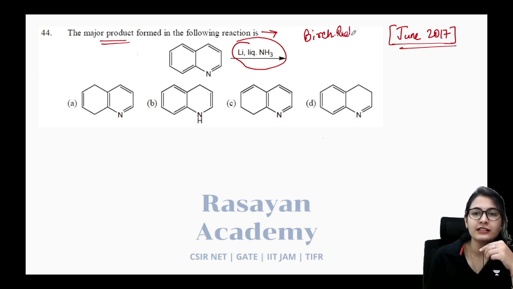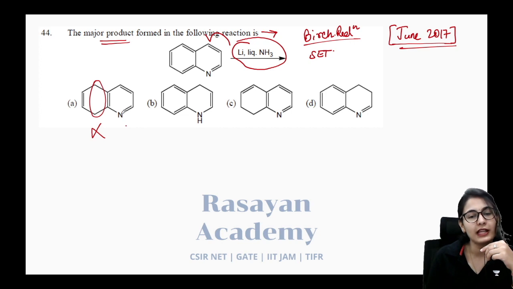Birch reduction is basically a single electron transfer mechanism, and first of all, the lithium is going to transfer an electron, but where? That is the question. Is the benzene ring going to be reduced? Absolutely not, in the presence of pyridine, which is more electron deficient. The electron is transferred in such a way that the electron density will be on the nitrogen.